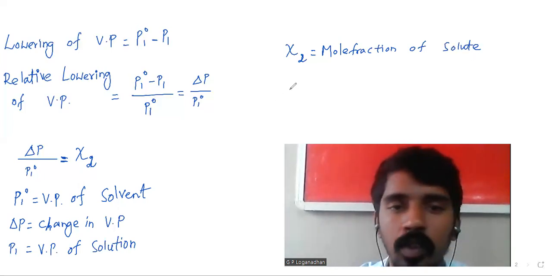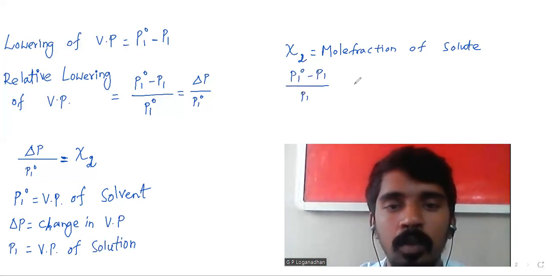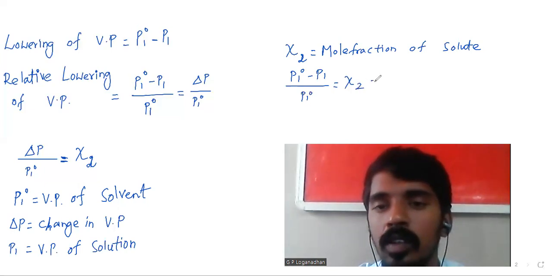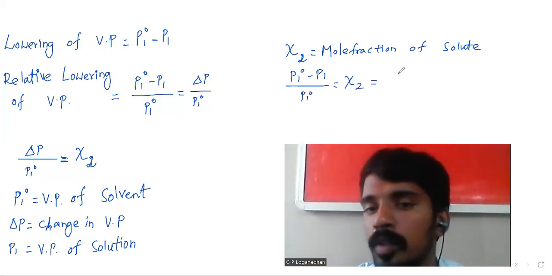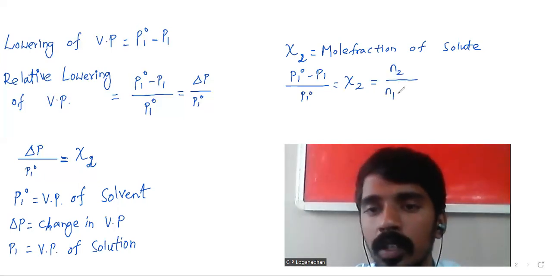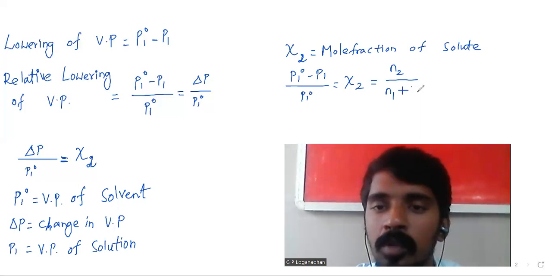Right? So delta P, or P1 naught minus P1 divided by P1 naught, equals the mole fraction of solute, which is also equal to the number of moles of solute divided by the number of moles of solvent plus the number of moles of solute.